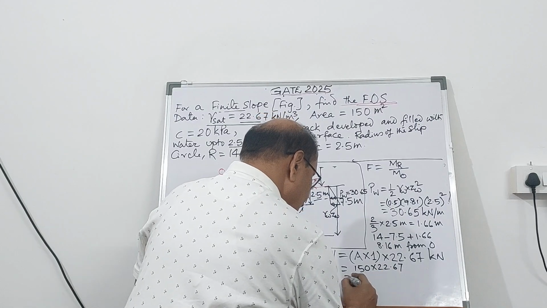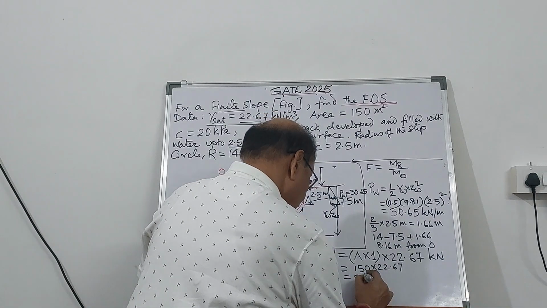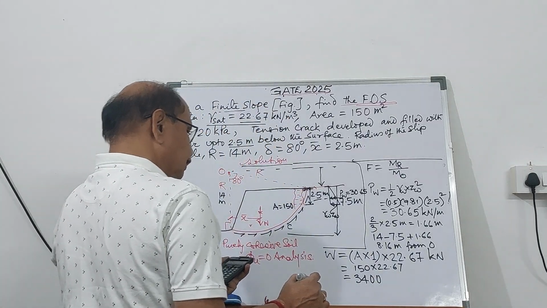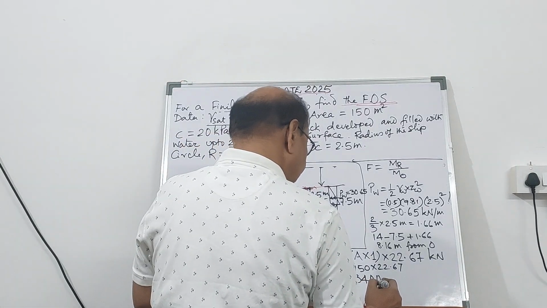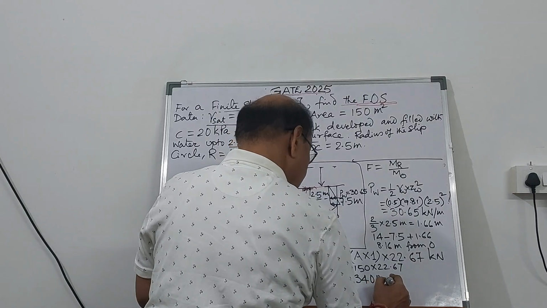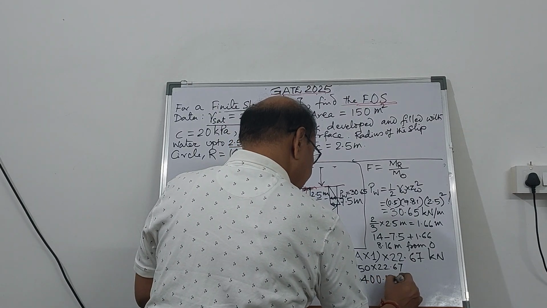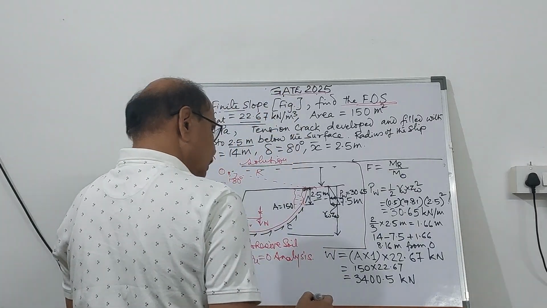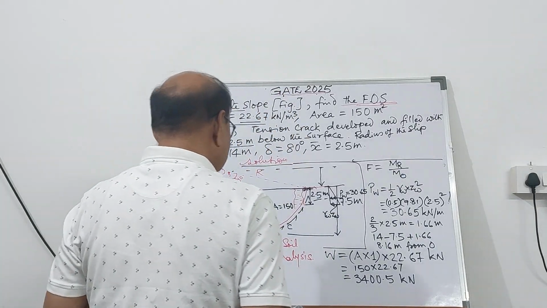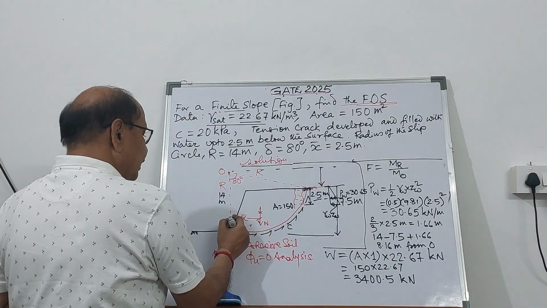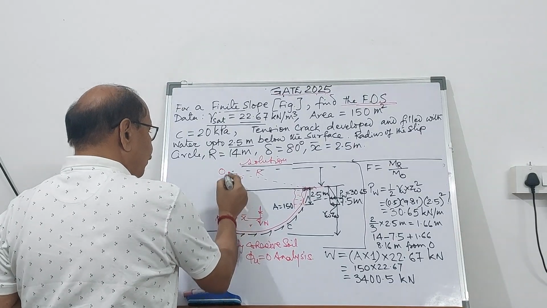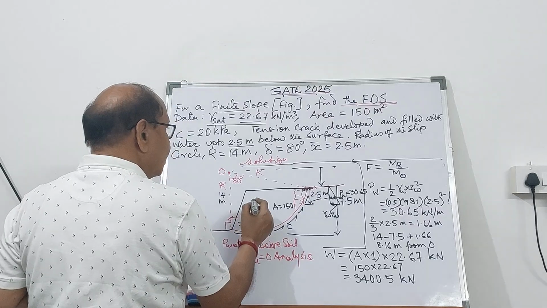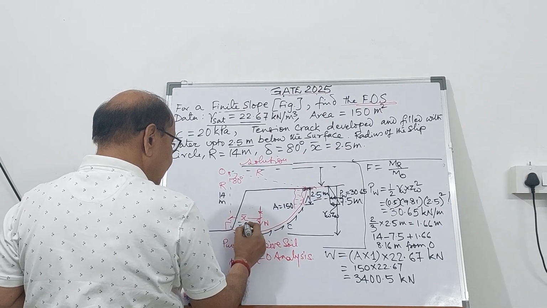So this gives you 3400.5 kilonewton. This is the weight, and this weight is acting from the center of rotation at a distance x bar, which is given as 2.5 meter.